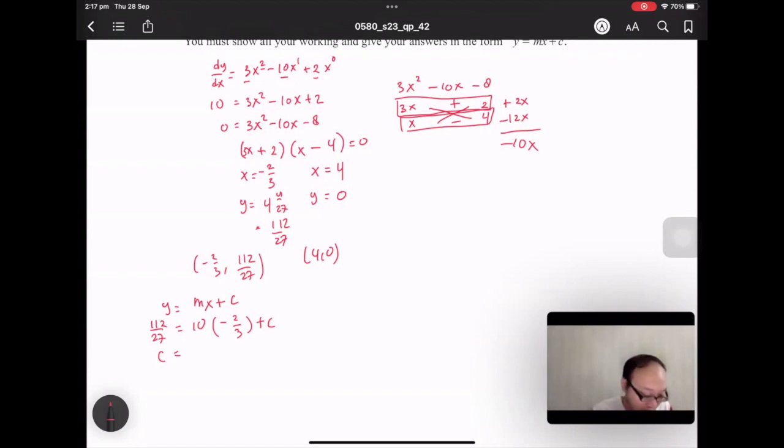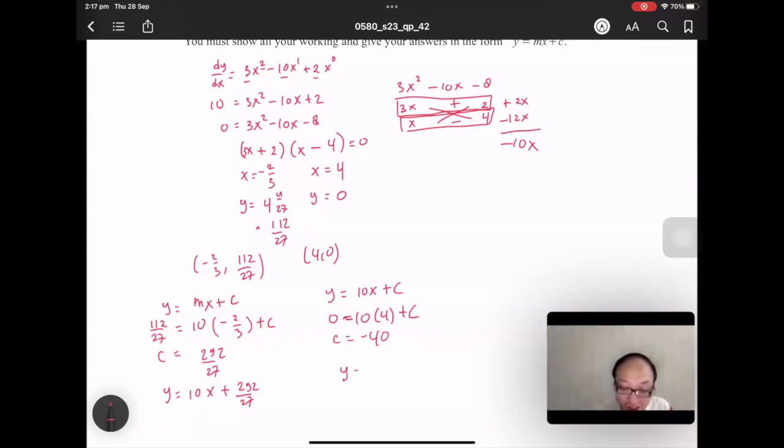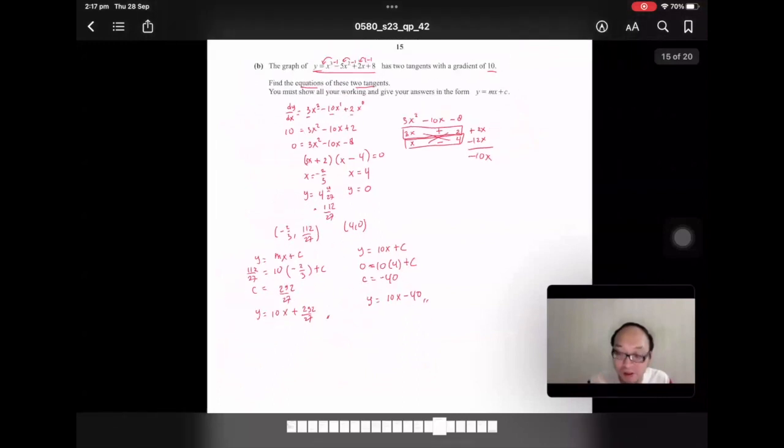So this is 292 over 27. And so that means y equals 10x plus 292 over 27. And the second one is 10x plus c, the same. But the x is 4 and y is 0, plus c. So c equals negative 40. So y equals 10x minus 40. So there are two answers, two equations.